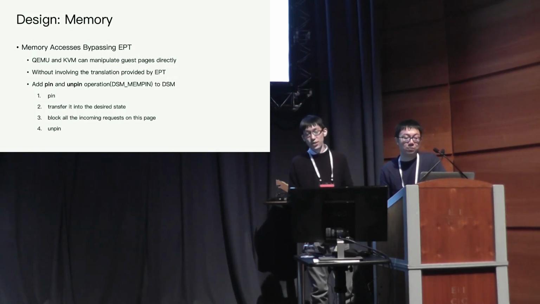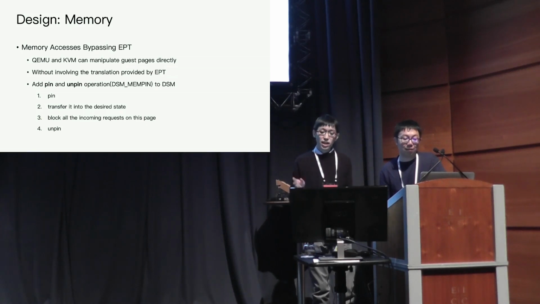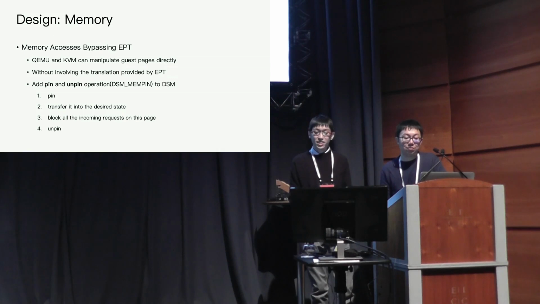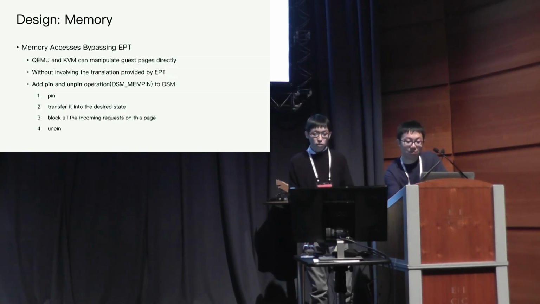Those are basically locking operations. For example, if we want to operate on some page, we first pin it, transfer it to our desired state, and block all incoming requests on this page. Then we can do anything we want to this page, and then unpin it, and proceed as usual.